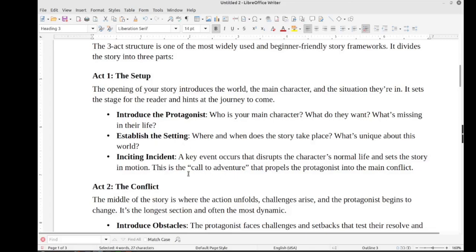So what's the inciting incident? A key event occurs that disrupts your character's normal life and sets the story in motion. So this is called a call to adventure. We don't really have that in this particular couple of paragraphs. What we have is an inciting incident about Marcus neglecting his husbandly duties.